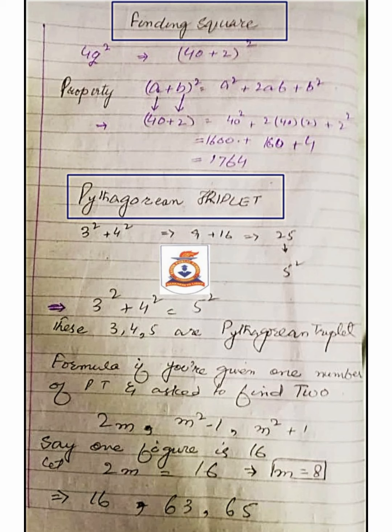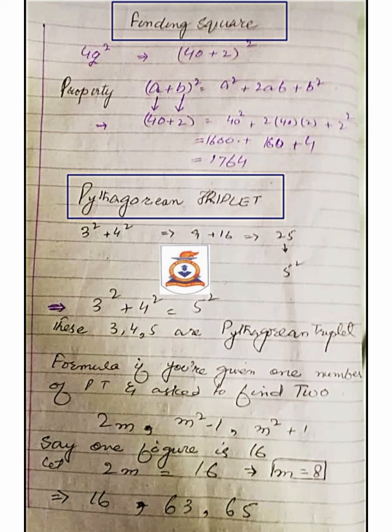Now for example, if a number 16 is given to you and you are asked to find the other two members of the Pythagorean triplet, let me show you a formula: 2m, m square minus 1, m square plus 1. Let us suppose the given number is 2m, so 2m is equal to 16. To find m, since 2 is multiplying m, when shifted to the right-hand side it divides 16.